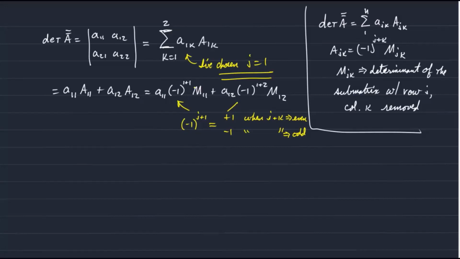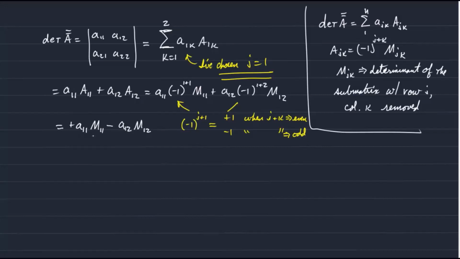So that's the primary function of this first term. And so this gives plus A11 for the first term, M11, and then minus A12 for the second term.